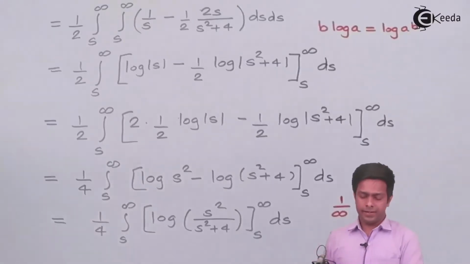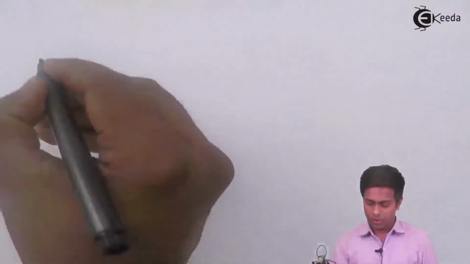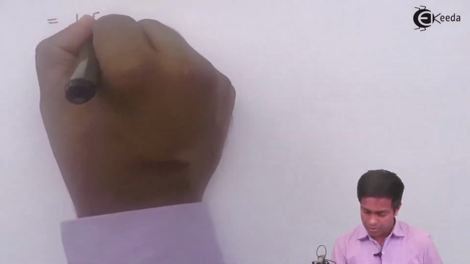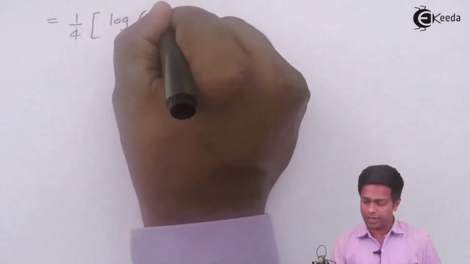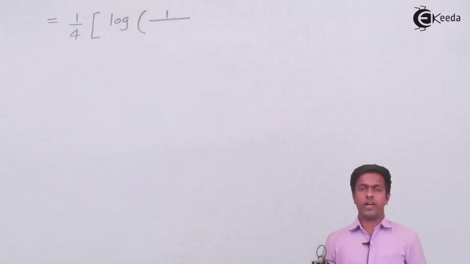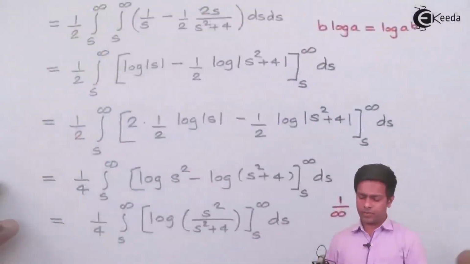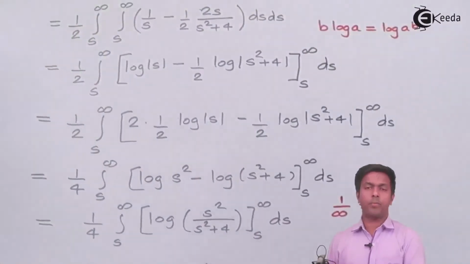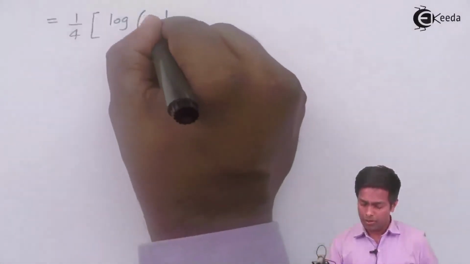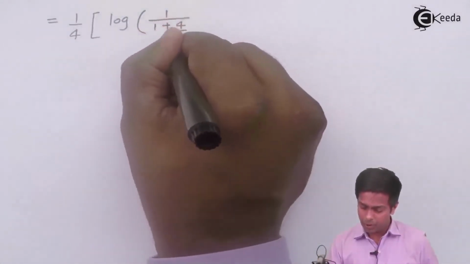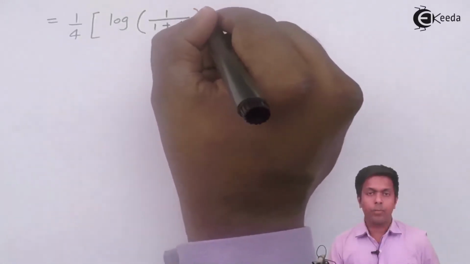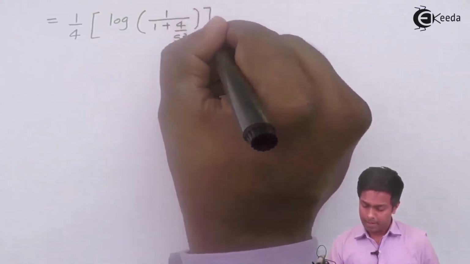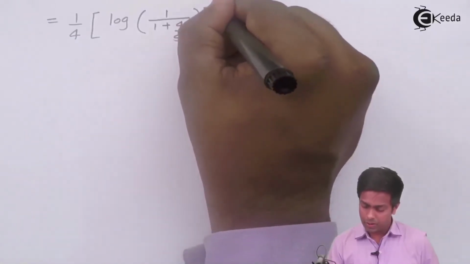So here we will get, it is equal to 1 upon 4 log of, now if I divide numerator with s square, we will get 1, and if I divide denominator with s square, here I'll get 1 plus 4 upon s square. So 1 plus 4 upon s square and guys, limit is from s to infinity.